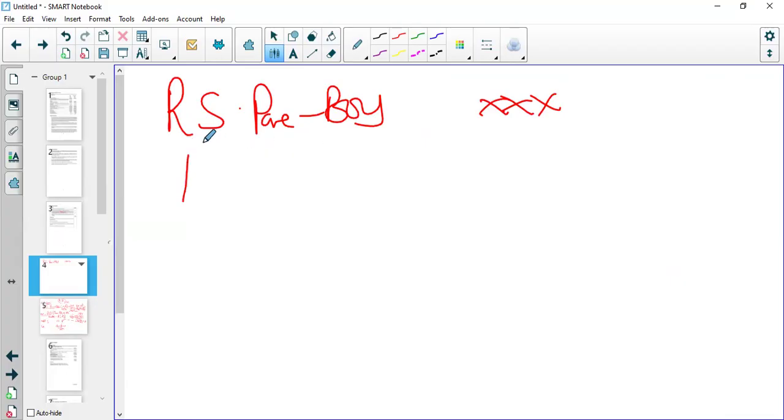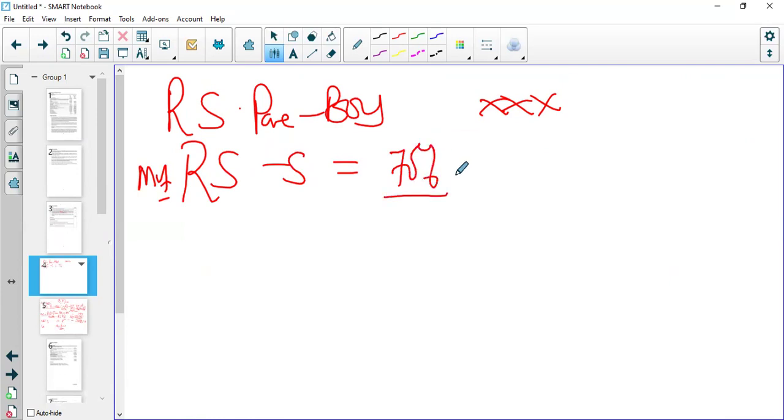Then we take the movement in the revaluation surplus of the subsidiary, and 70% of that, or a portion, should go to the parent. So that's going to be the revaluation surplus balance at the beginning of the year.